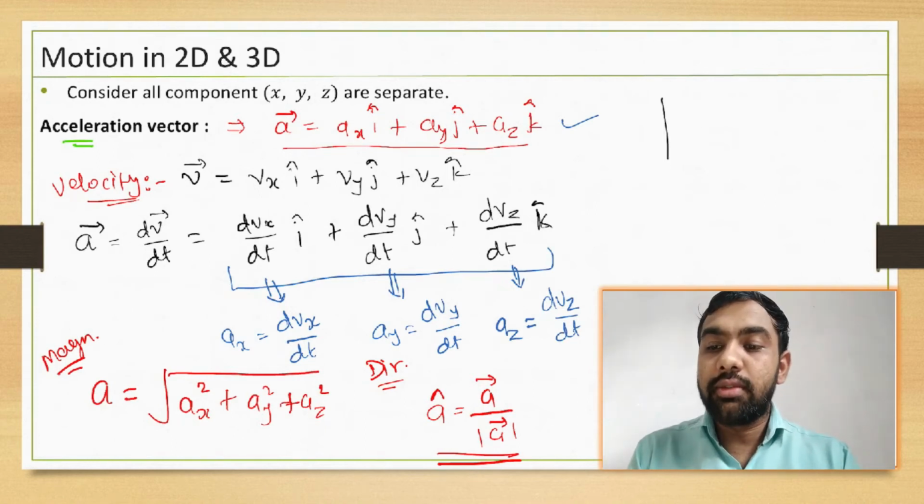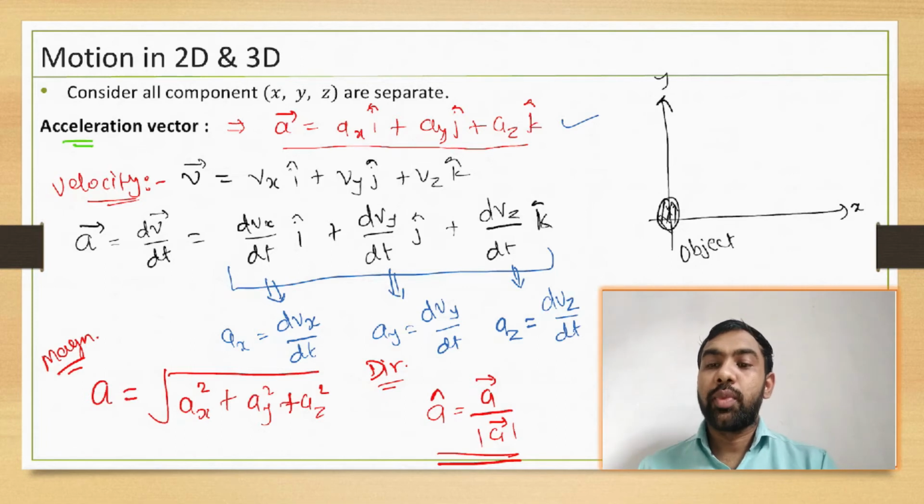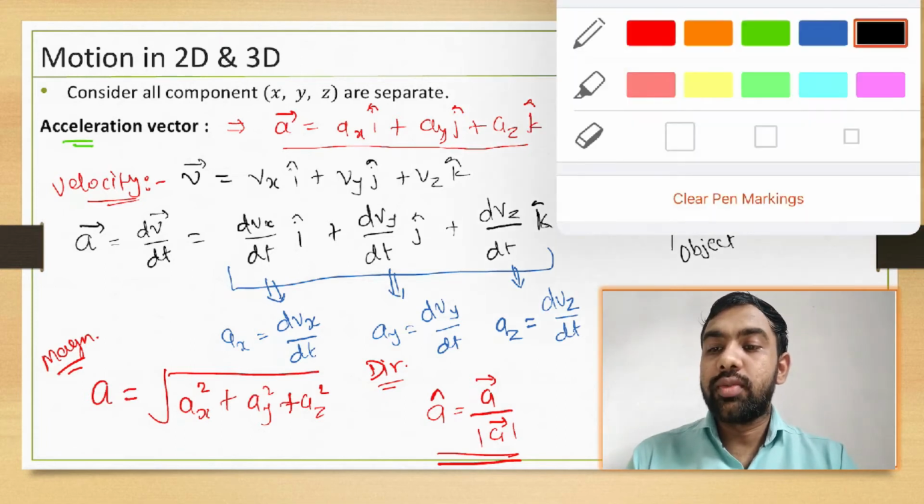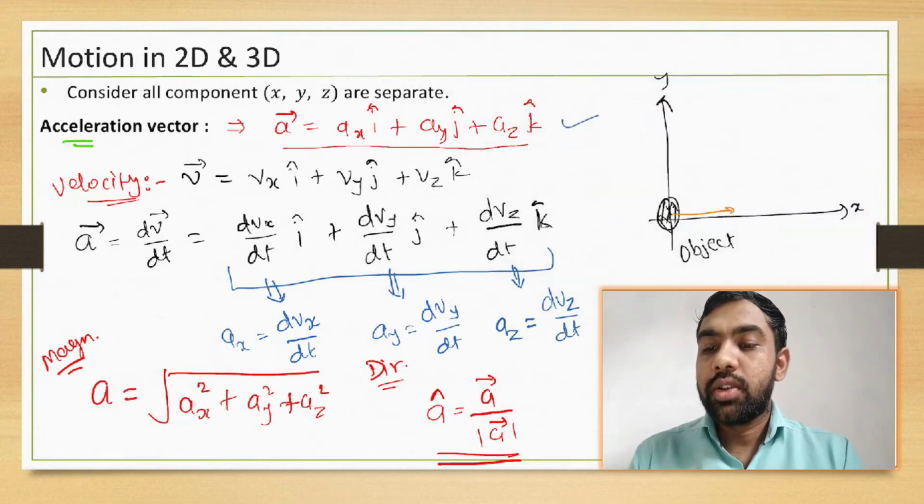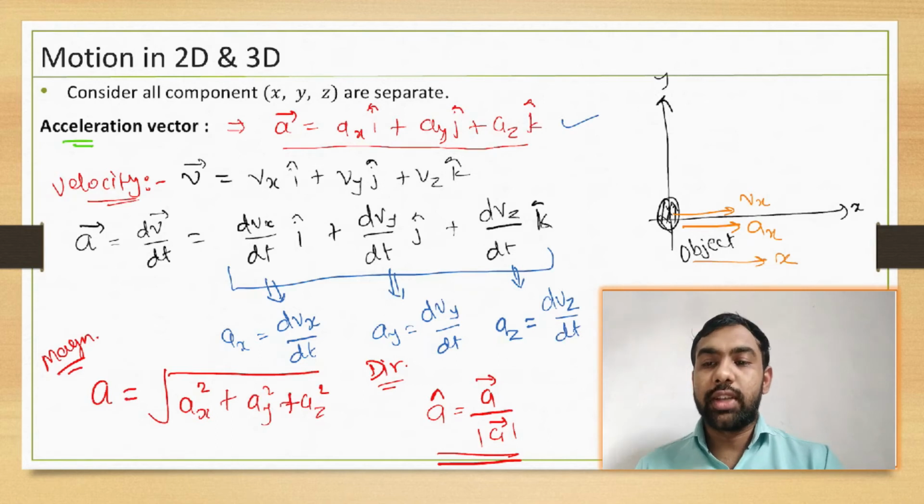Similarly, if you consider the x and y coordinates like this, these are the objects. So here you give a separate component: vx, ax, x, means all are along the x axis.